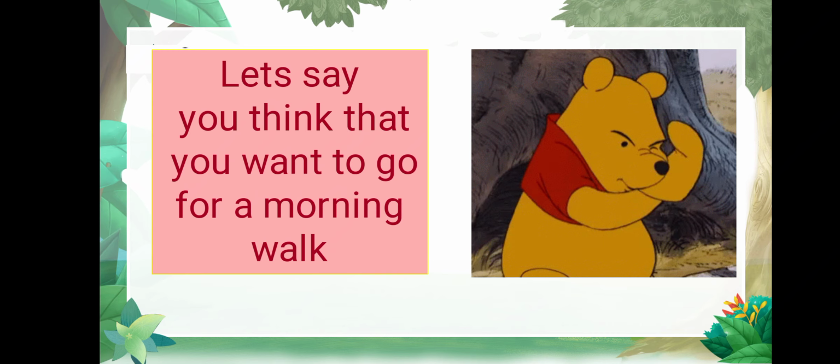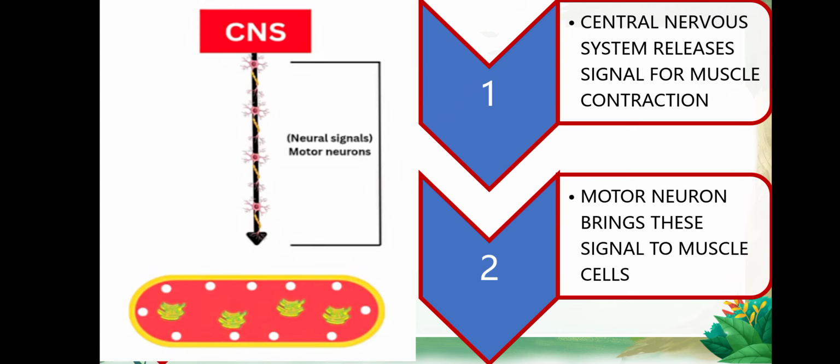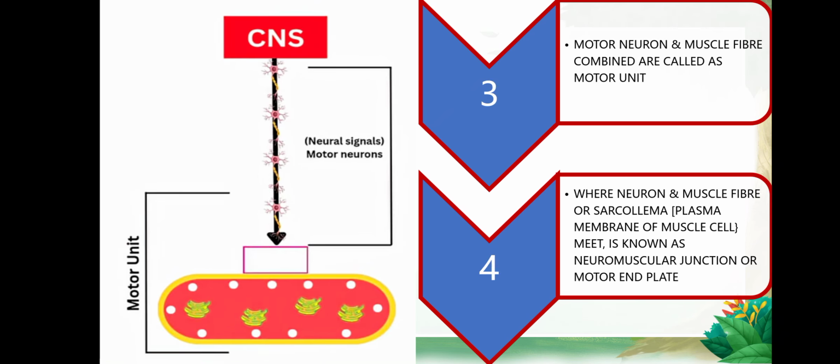Let's say you want to go for a walk. You are thinking of going for a walk. So what happens? Your central nervous system releases a signal for muscle contraction. The motor neuron brings this signal to muscle cells. Motor neuron and muscle cells combined are called a motor unit, where the neurons and muscle fiber, or sarcolemma, meet.